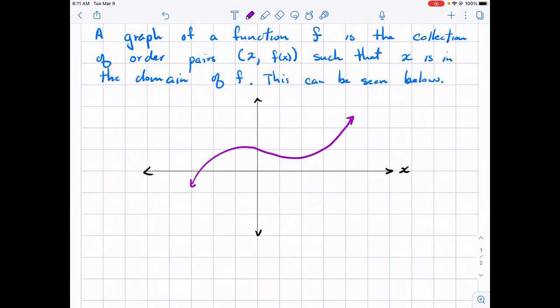This is the function that we will call f, or f of x. Now, let's put some numbers in here. If this is 1, this is 2, this is 3, and so forth.